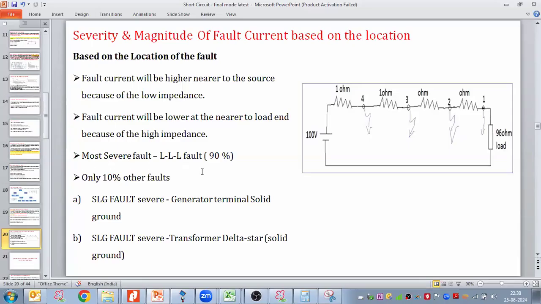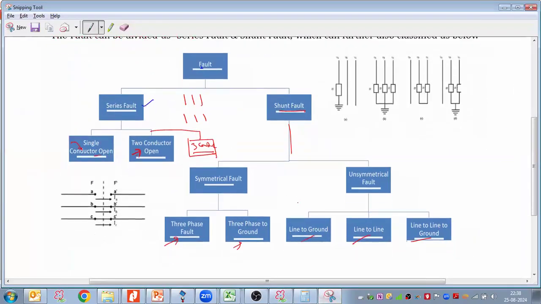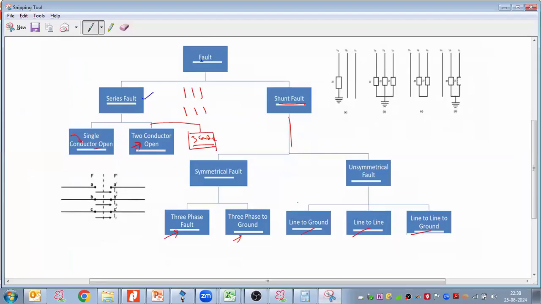I'm telling which fault magnitude is higher. I'm not telling which type of fault occurs more. Okay, you are correct with respect to which fault occurs mostly. Line to ground fault occurs mostly, like 80-90%. But I'm telling, if the fault occurs, at which incident the current will be higher.